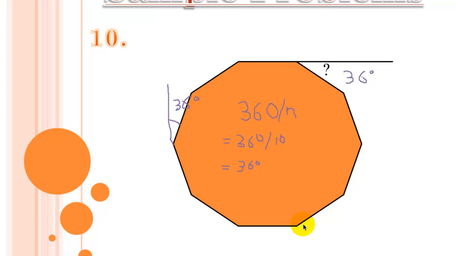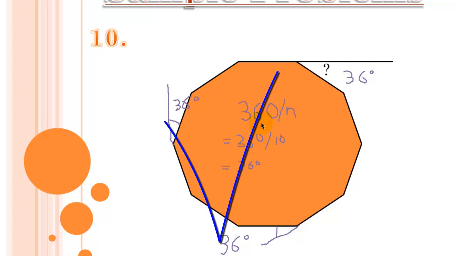And another example is this angle, or just any exterior angle of the shape, would equal 36 degrees for the decagon. But the main thing to remember is that the main formula for finding an exterior angle is 360 divided by n.